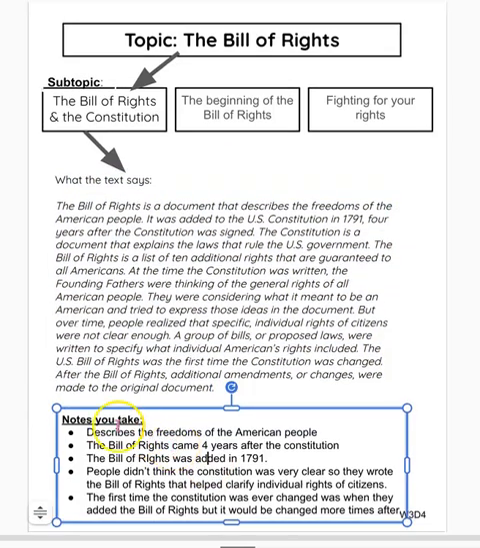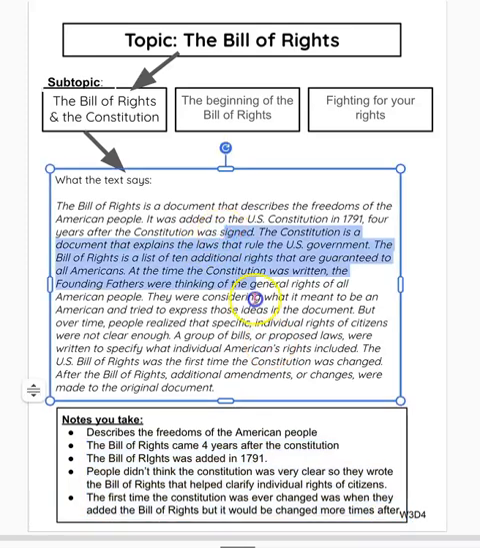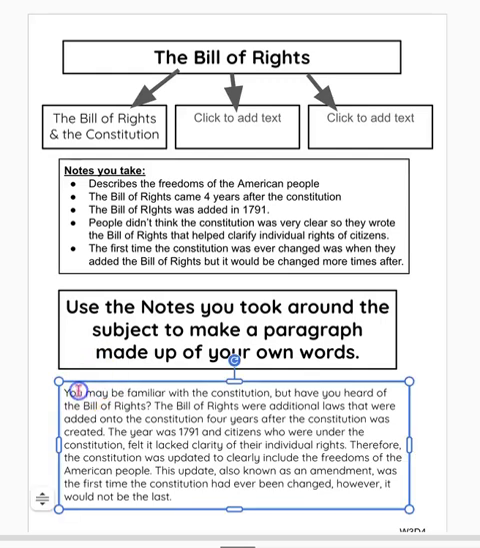These are the notes that I would take out of here. Sometimes they're not in full sentences. And then now I'm going to take my notes that are not written in the exact way that the text had it, and I'm going to put it in my own words over here.